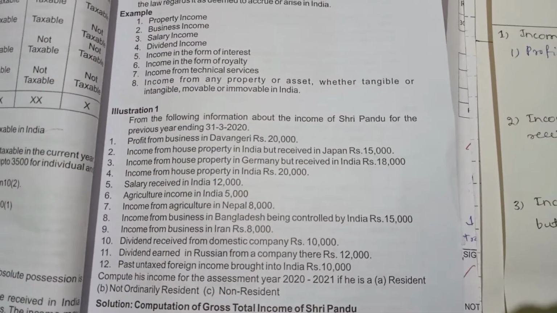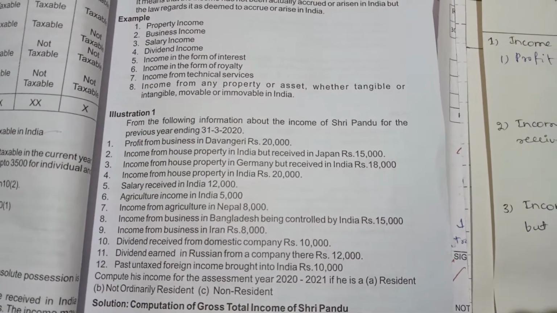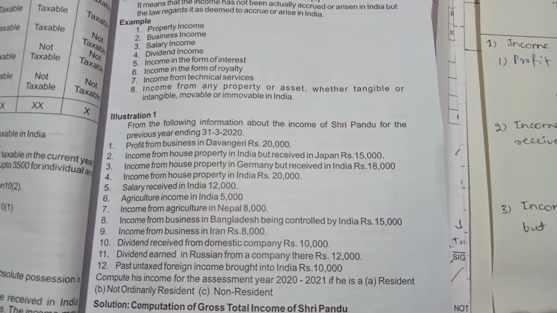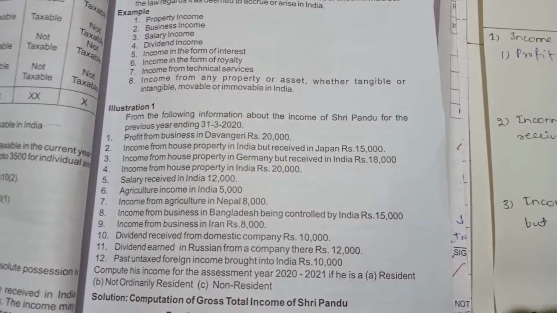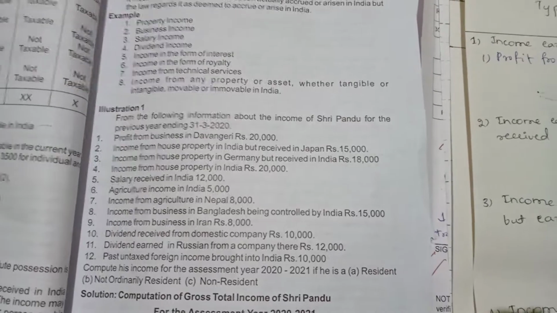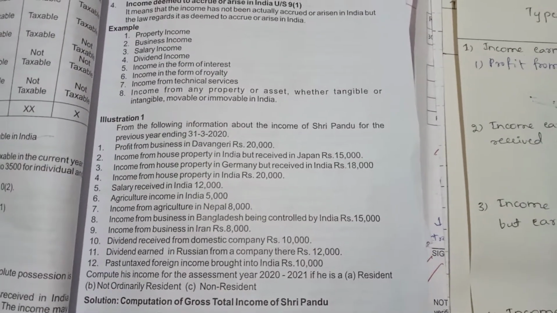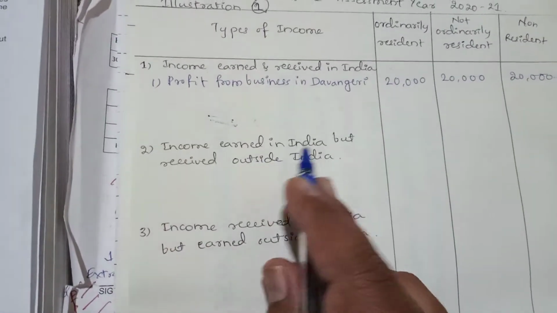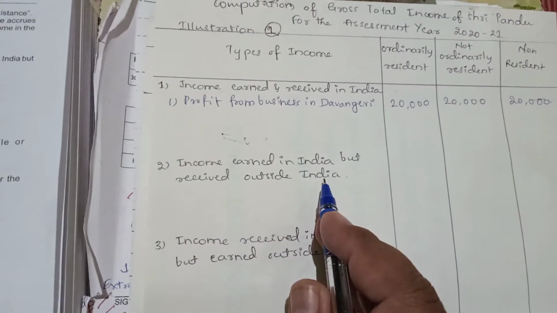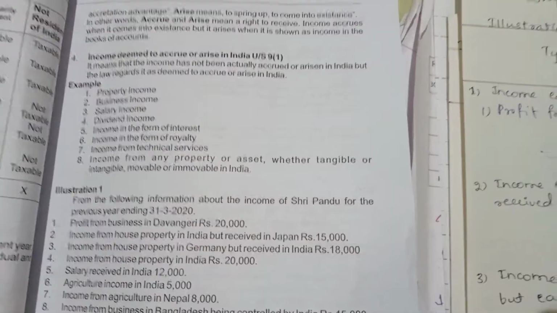Income from house property in India but received in Japan. House property in India, and the accrual of the income also takes place in India, but receipt of income is made outside India. It means that, going through the format, income earned in India but received outside India. So what is the amount? 15,000.